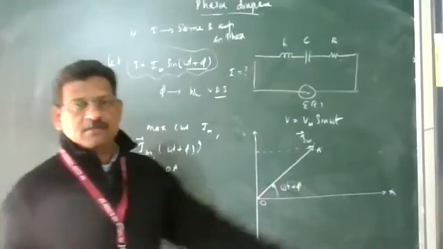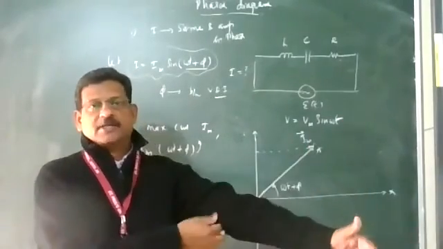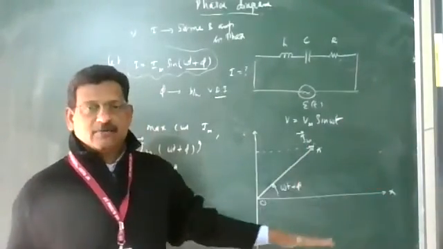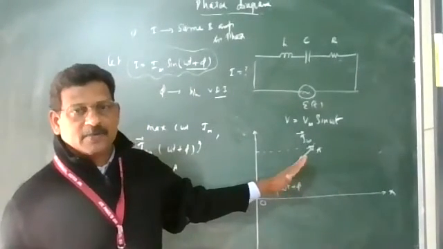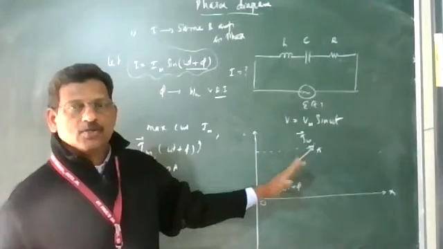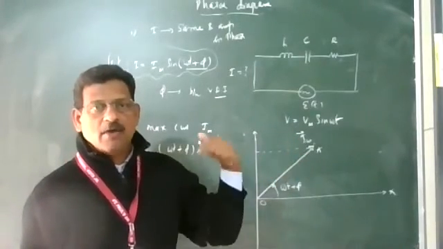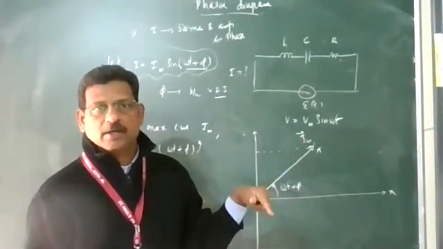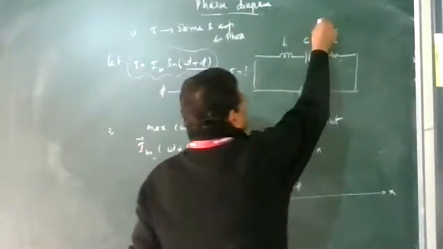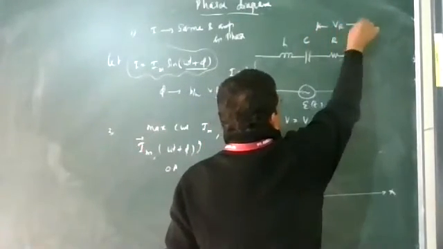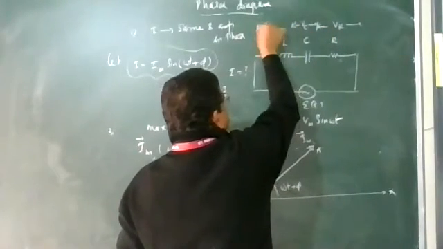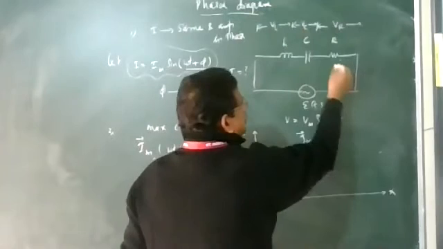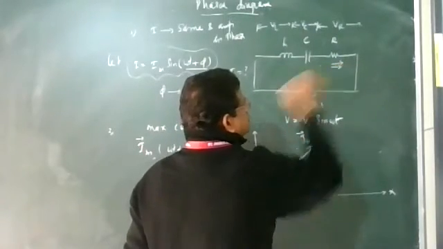So the current phasor is marked, rotating from the horizontal through an angle omega t plus phi. Now I am going to the voltages one by one. There will be a voltage across the resistor, VR, a voltage across the capacitor, VC, and a voltage across the inductor, VL. For the resistor, voltage and current are in phase.